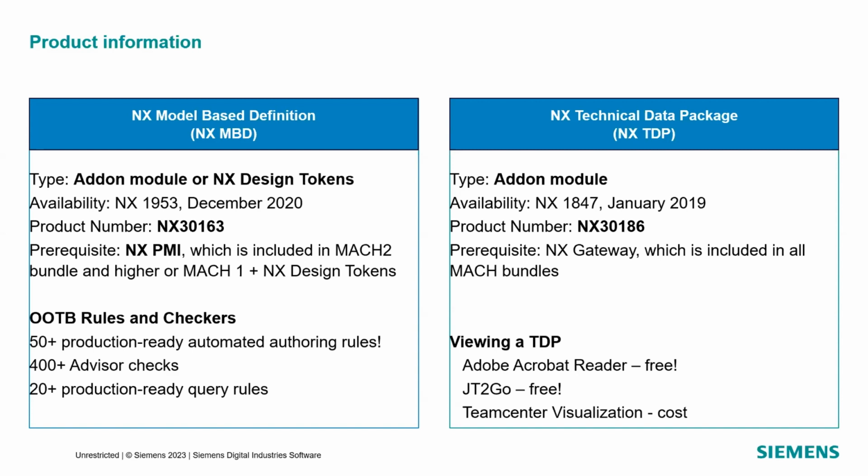So from Adobe, the JT2Go, those are free methods to do that. If you're a Teamcenter user, you can actually use the viewing from within the TC Viz to work with that. So that obviously is a cost, that piece, but if you're using Teamcenter, you would already have some of that to work from. So those are some things that we talked about here from a design perspective.